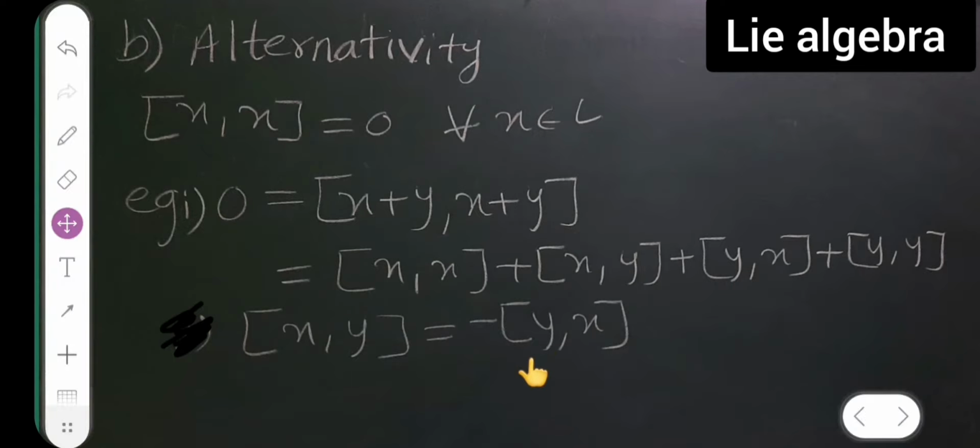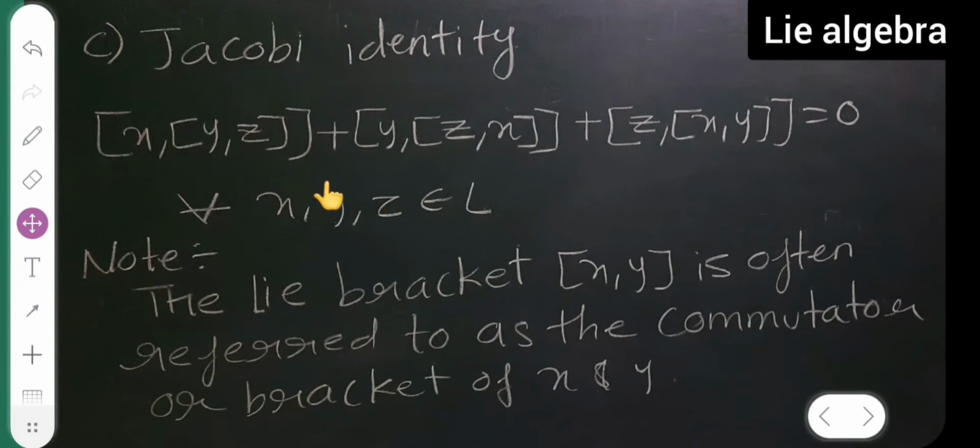Next is Jacobi's identity. Jacobi's identity is like this: [x, [y, z]] plus [y, [z, x]], this will shift here, plus [z, [x, y]] is equal to 0. This is for all x, y, z belonging to the Lie algebra L. Then you have to note the Lie bracket [x, y] is often referred to as the commutator or bracket of x and y.